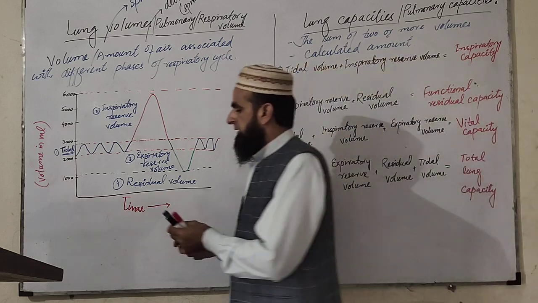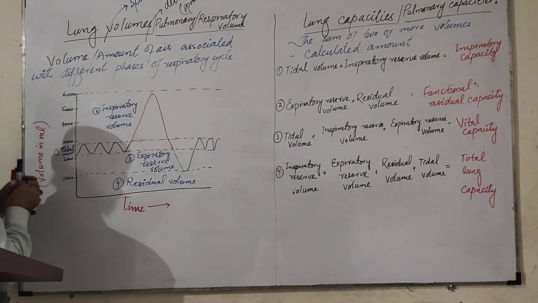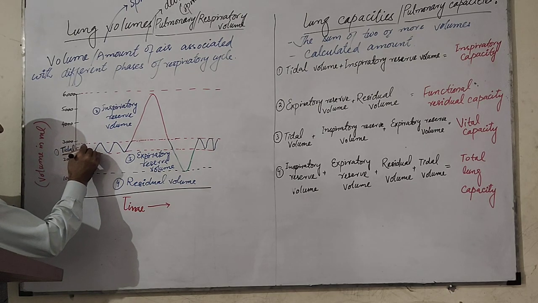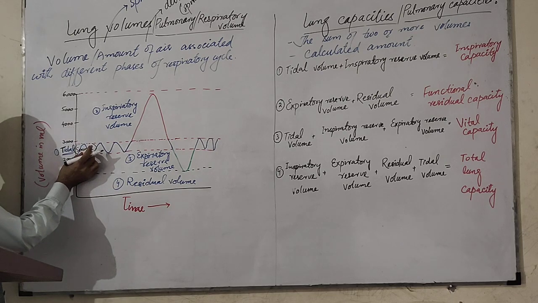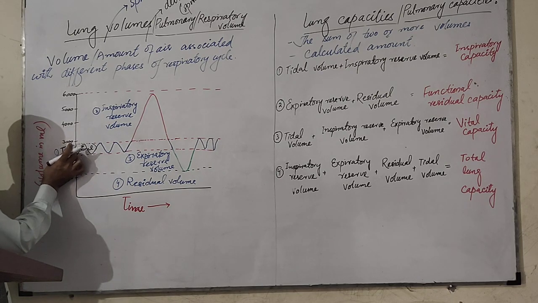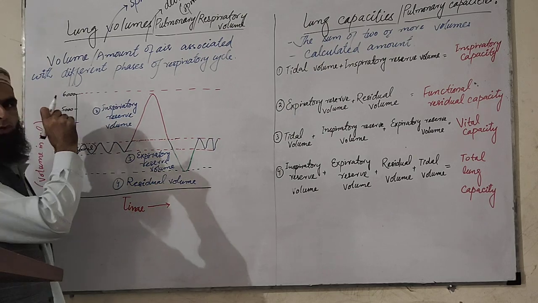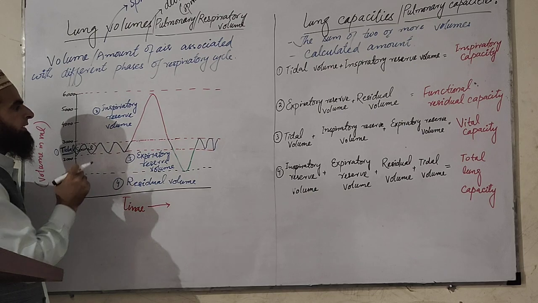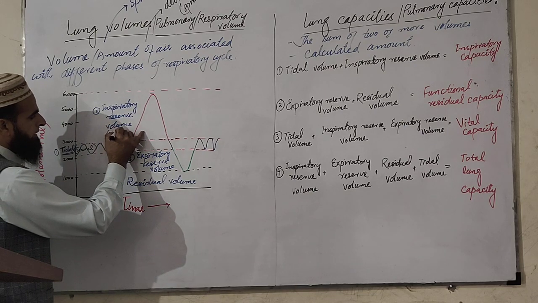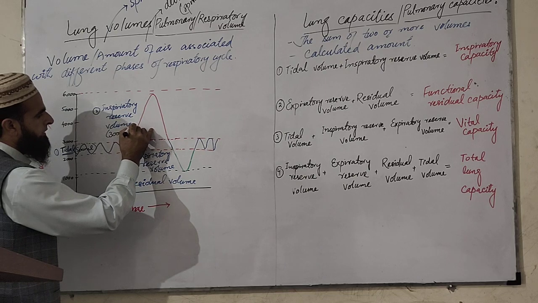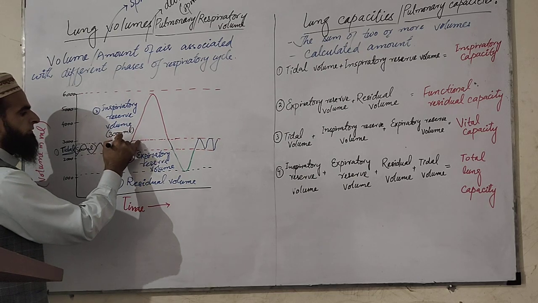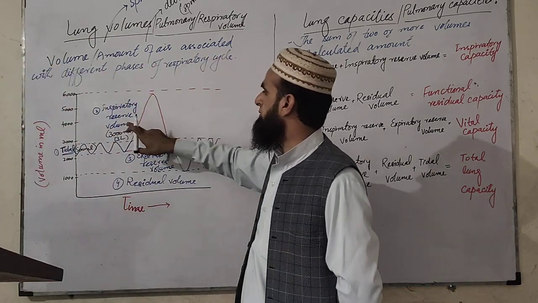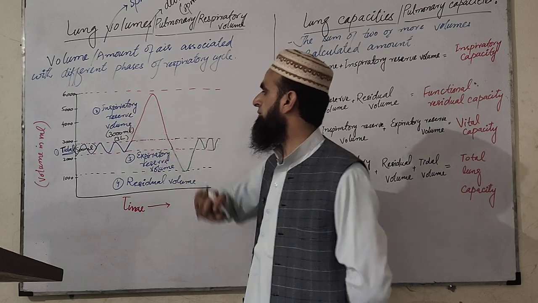Anyhow, it is said that the amount of air taken in as tidal volume is 500 ml. The amount of air taken in during inspiratory reserve volume inhalation is thought to be about 3000 ml, which means 3 liters.